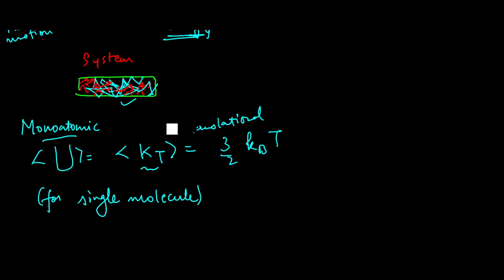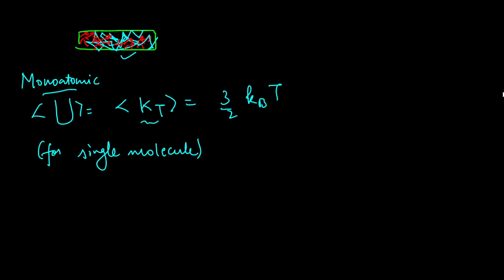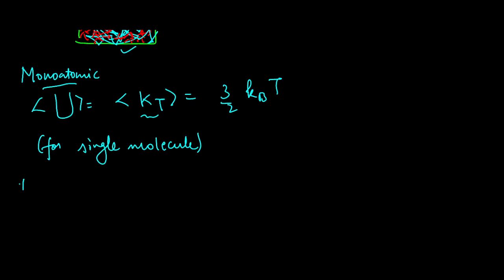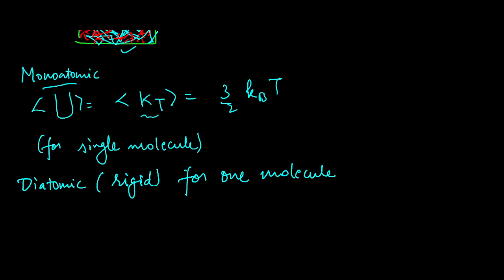But instead of this, suppose you were to do this for diatomic rigid. For diatomic rigid, again for one molecule only. I will explain everything else later, first just understand one molecule. So this will be equal to, now what to do?